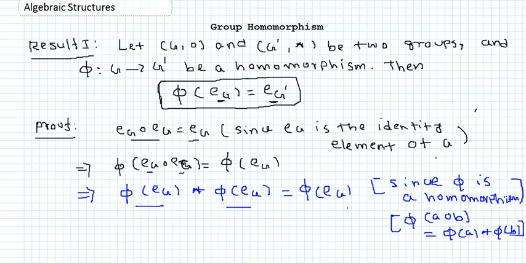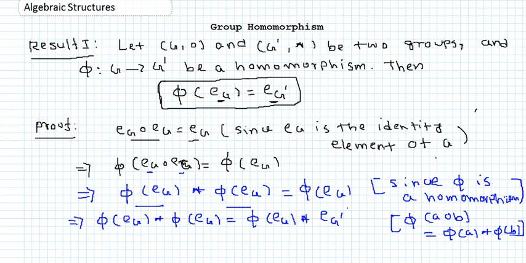Now what are we going to do over here? Because EG dash is the identity element of the group G dash, we can write phi of EG star phi of EG equals phi of EG star EG dash.